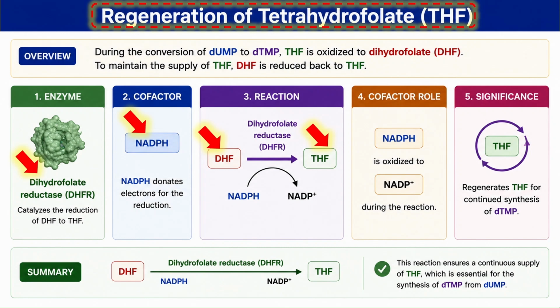Without this regeneration step, the tetrahydrofolate stores would become depleted and the dTMP synthesis would stop. This reaction is the target of important anti-cancer drugs such as methotrexate. That means methotrexate inhibits the dihydrofolate reductase enzyme. Because of that, dTMP synthesis doesn't happen, and because of that, DNA replication will stop. That is the importance of regeneration of tetrahydrofolate.